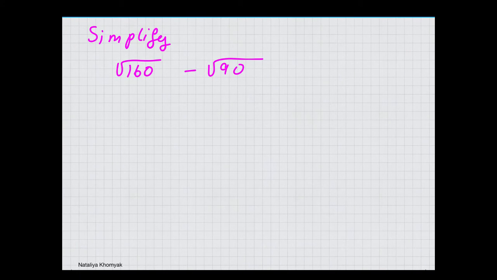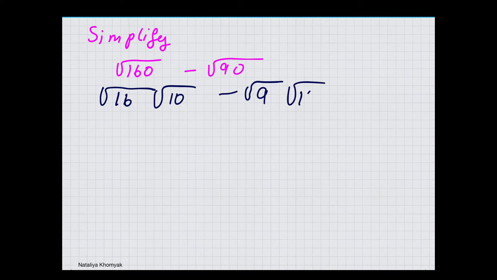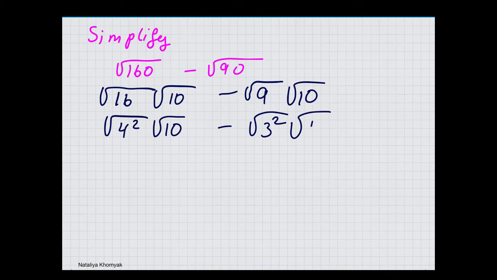Here we have square root of 160 minus 90. We can rewrite this as 16 times 10 minus 9 times 10. Remember, 10 is not a perfect square. 100 is. This will be 4 to the second radical 10 minus 3 to the second radical 10.